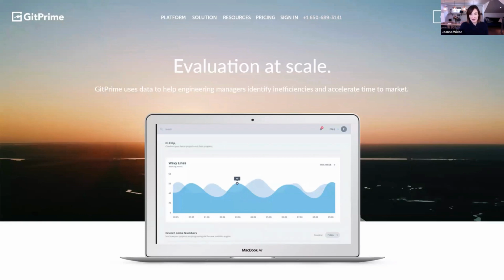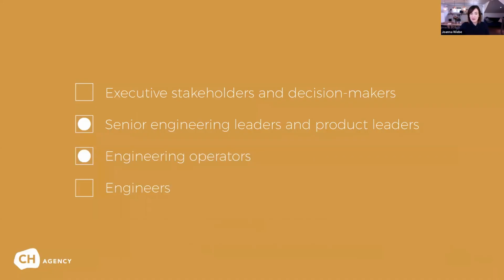We heard at scale come up again and again when we were working with GitPrime, and we didn't think that they wanted that for the value prop, but it made me start thinking about how it could be used as a value prop, and I couldn't get it out of my head. And then when I did this analysis to see who it would resonate with, and found that only 2 of them would, it was easy for it to slip out of my mind.